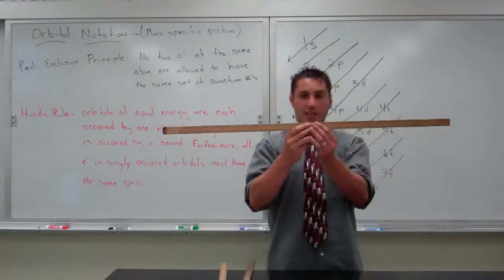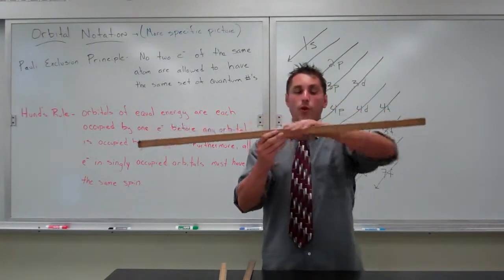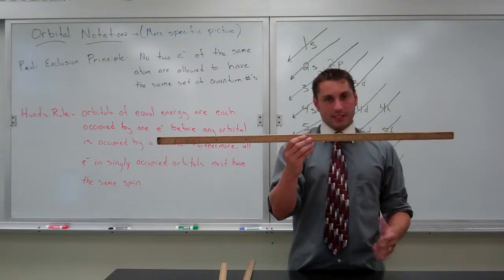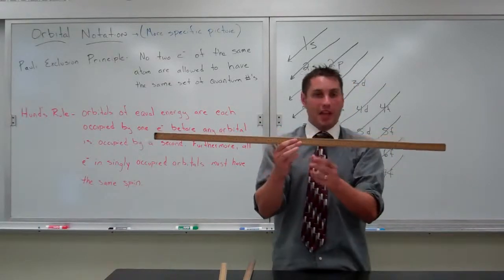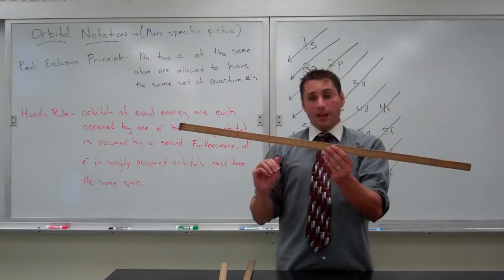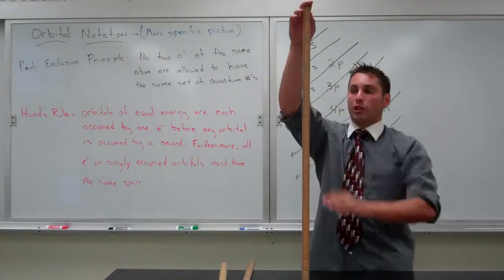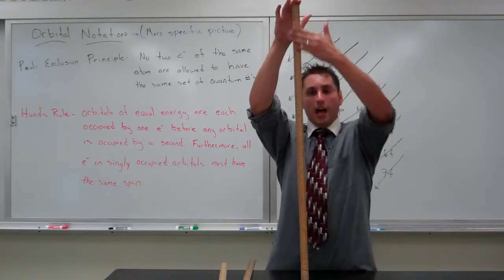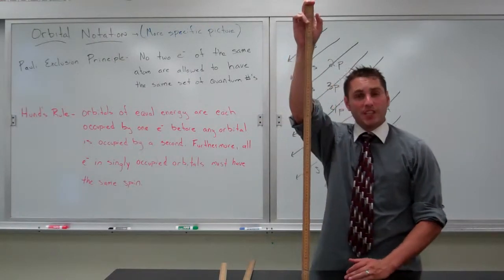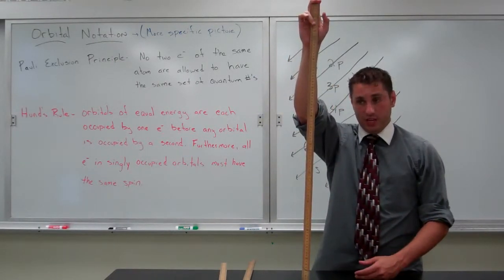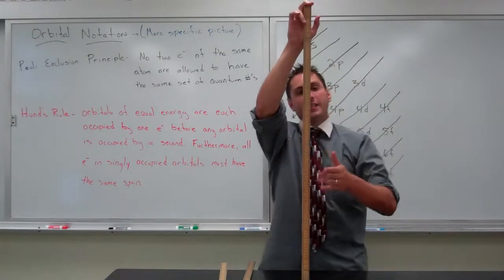If we face it in this direction, we refer to it as the px orientation because it looks a lot like the x-axis. If that orbital's orientation were changed to look like this, and it were to face up and down, it's referred to as the py orientation. Looks like the y-axis.